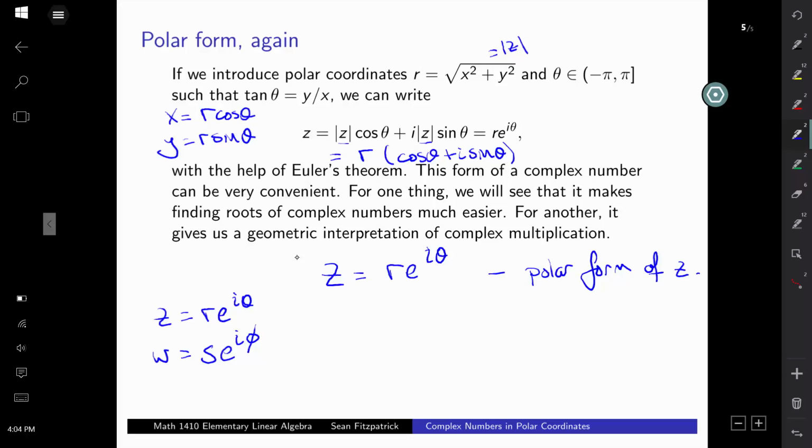Now, you could plot those. So maybe z is here, and maybe w is here. Let's make w a little closer to the origin.